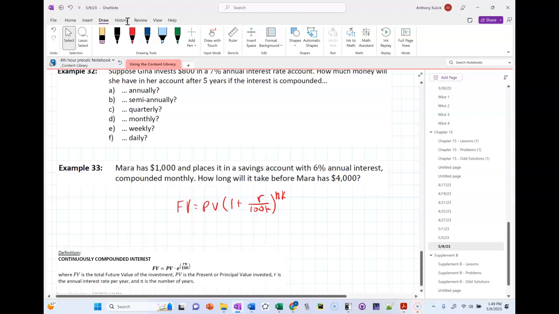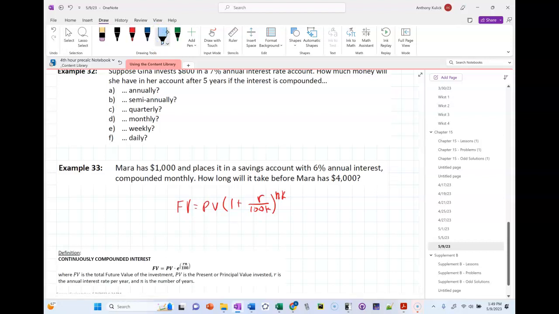Which parameter am I going to be solving for from that compound interest formula? PV, FV, R, K, N. Yeah, it's how long, that was the N. Okay, so what are we going to plug in for the other spots? What's FV going to be? 4,000, right?